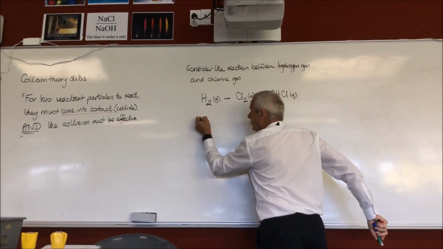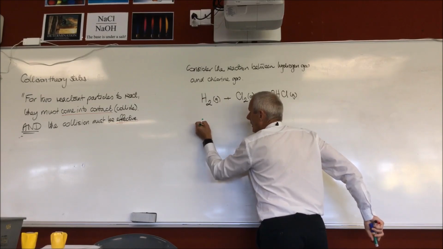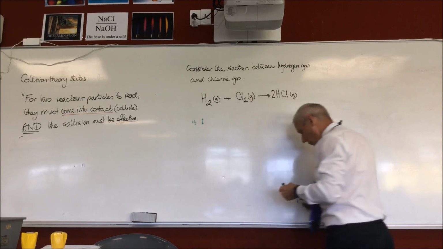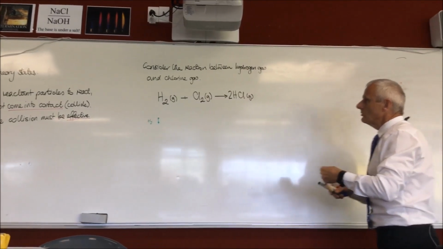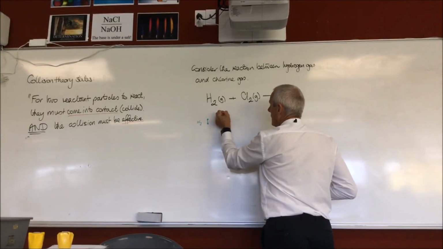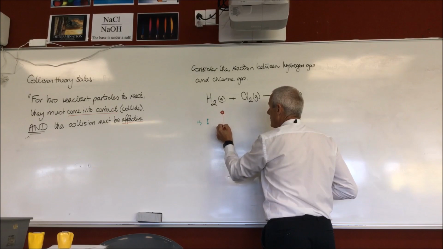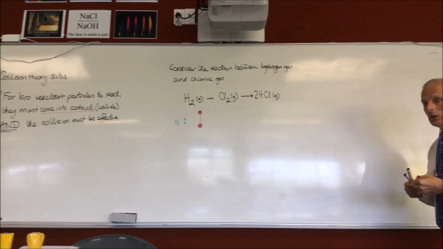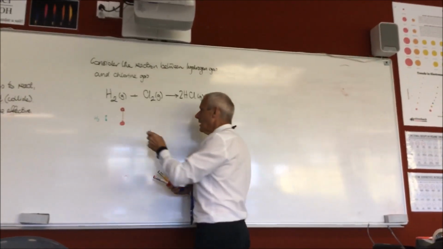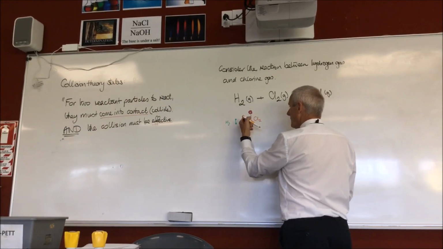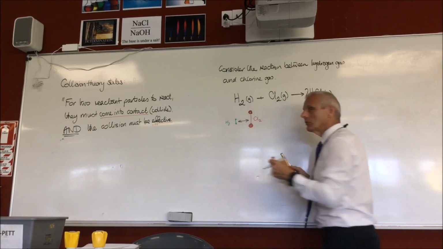If we start with hydrogen, which is the smallest in the periodic table, that's H2. And we've got chlorine, which I'm going to do in red, which is a larger molecule. So we've got two chlorine atoms joined together by a covalent bond. That's Cl2. And these two collide together.